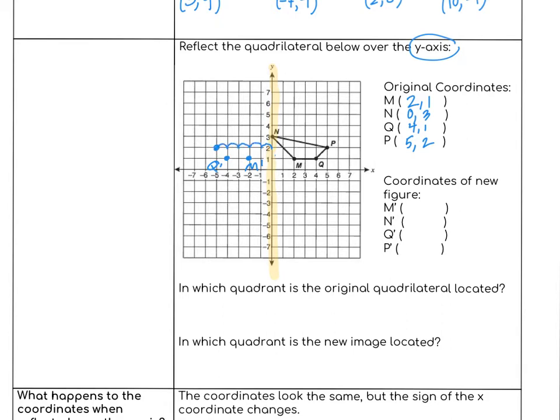So here is my P prime. And then guys, our N is going to stay because our x value for our N is 0, and so N prime is also in the same spot as N. So let's go ahead and connect the dots.